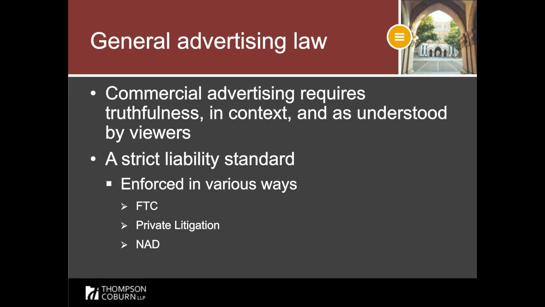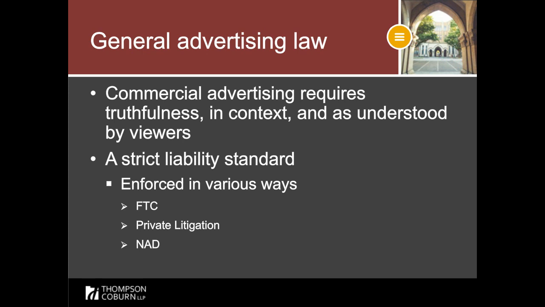Then there's private litigation through Section 43(a) of the Lanham Act, essentially the federal law of unfair competition that prevents false or misleading commercial claims as to your own or another party's products, services, or commercial activities.